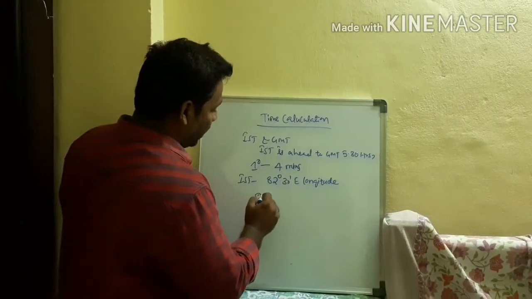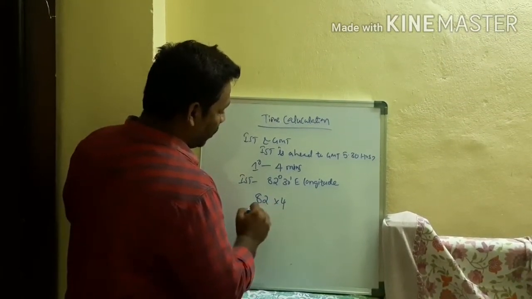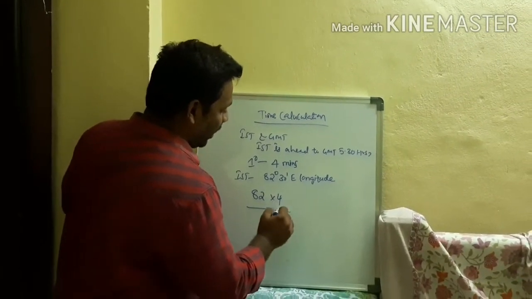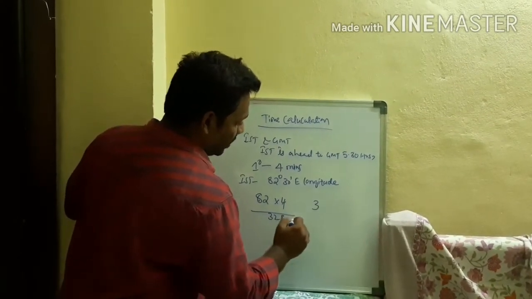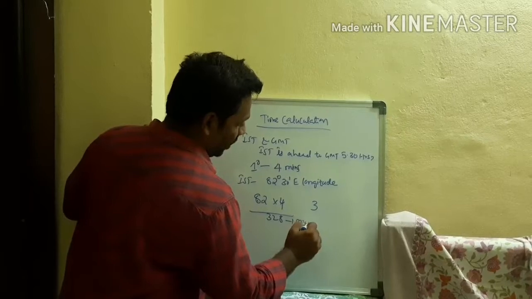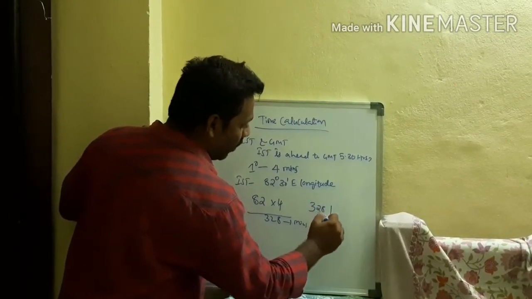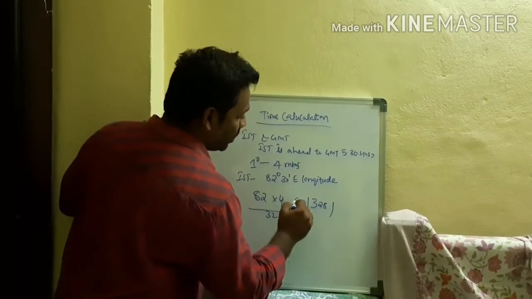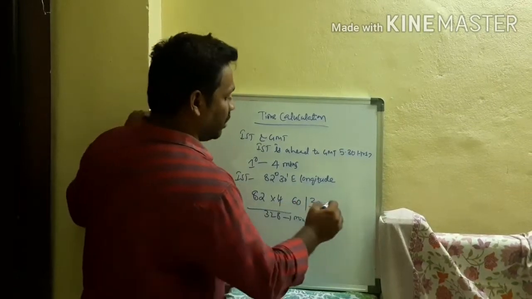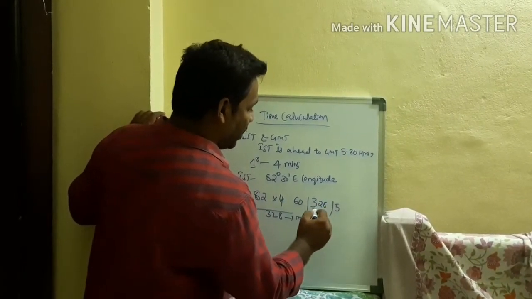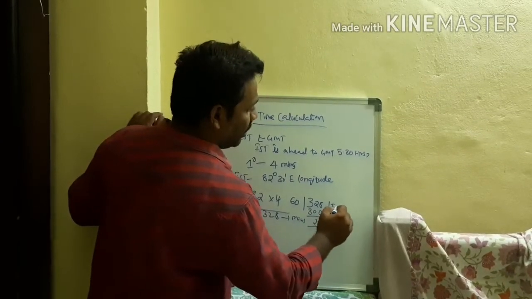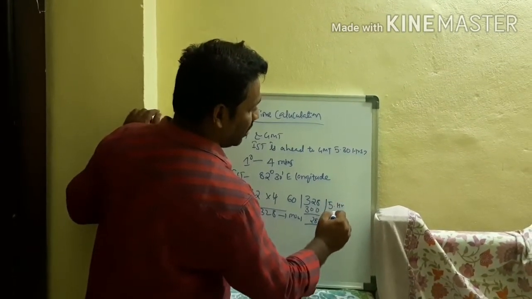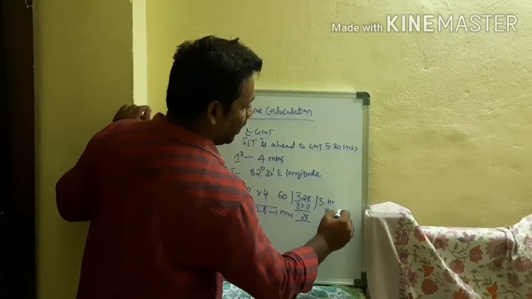We should multiply 82 into 4. 4 eights are 32, now we got this in minutes. We have to convert into hours now. Hours means how? 60 into 5 is 300. Remaining how much? 28. So here it comes to 5 hours and 28 minutes.